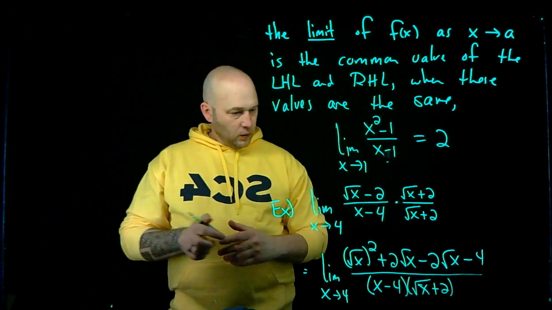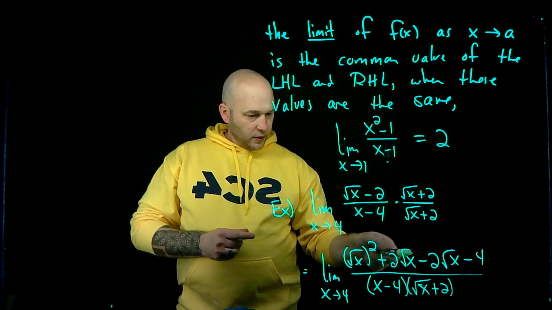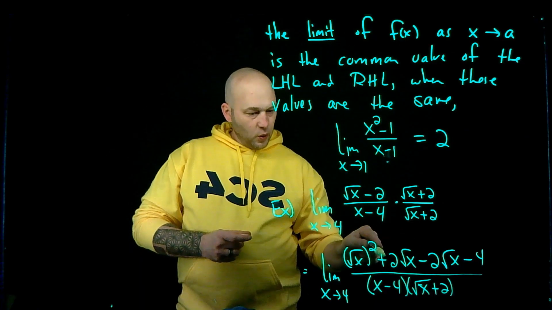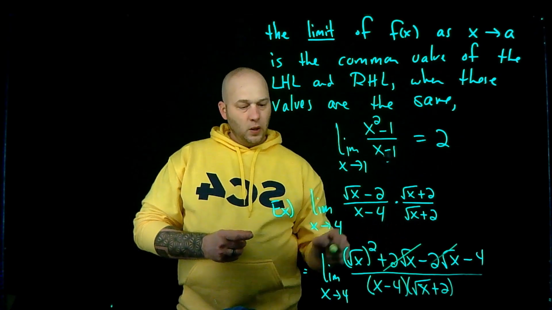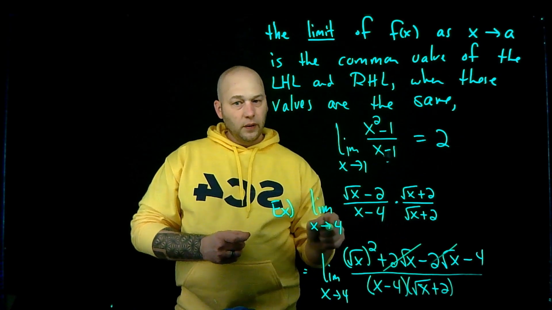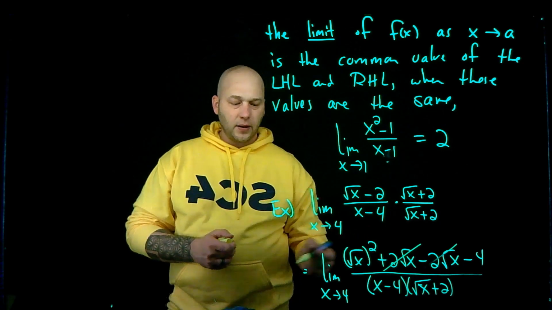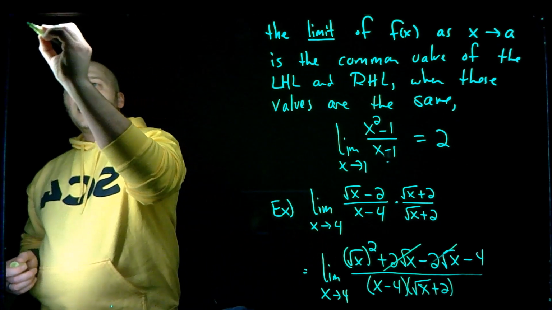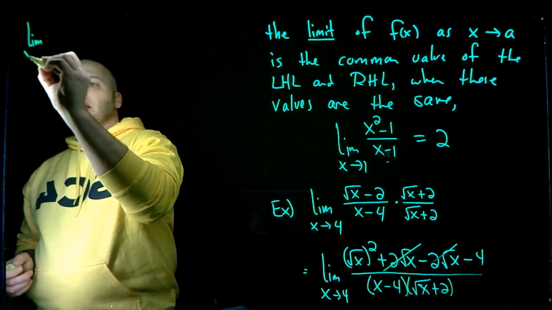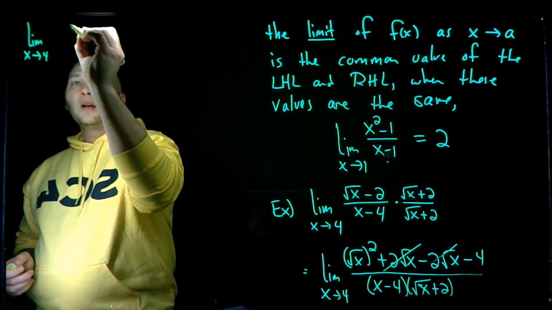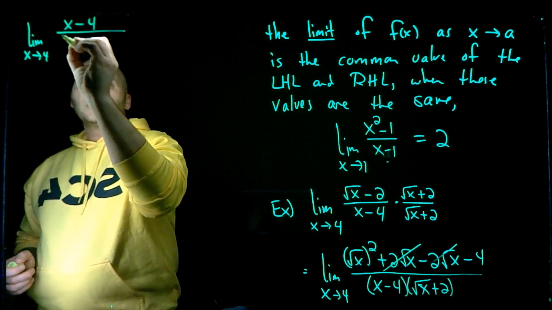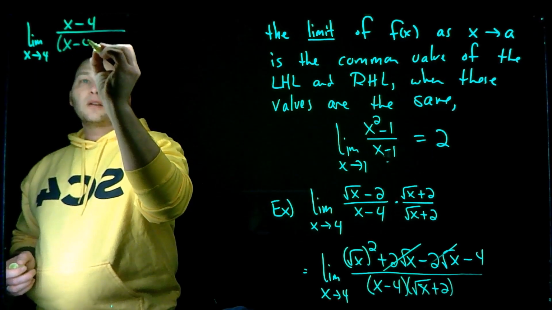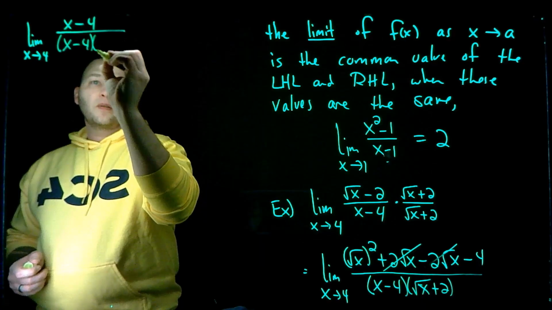All right. Now, 2 root x minus 2 root x. Those are the same term, opposite signs, so they cancel. Square of a square root leaves the radicand, which is just x. Therefore, what I have at this point is the limit as x approaches 4 of x minus 4 over x minus 4 times the square root of x plus 2.